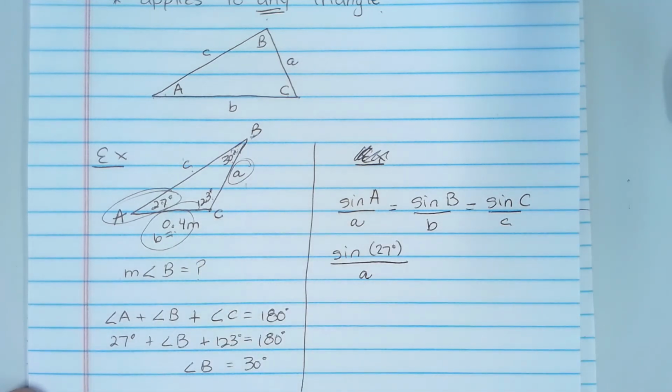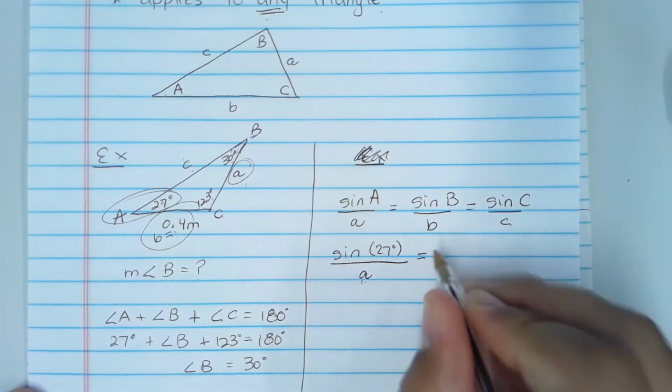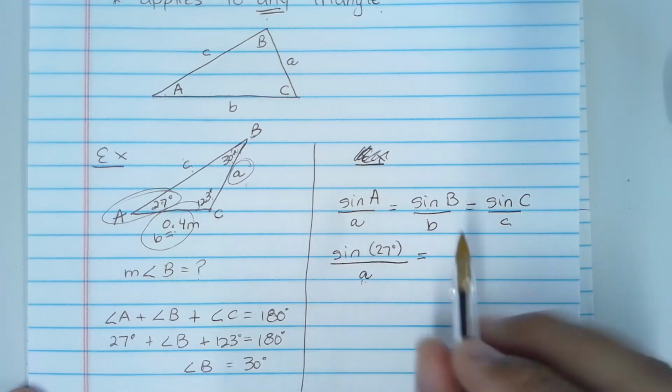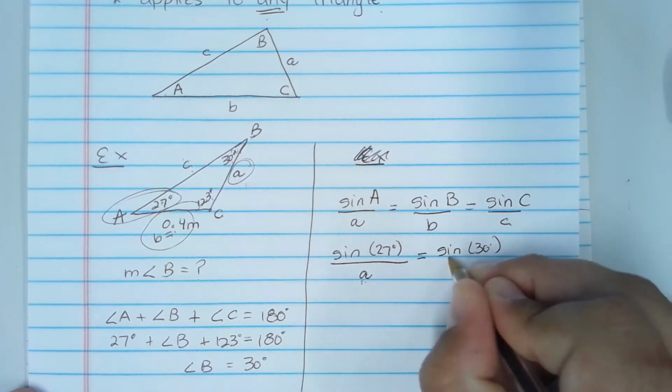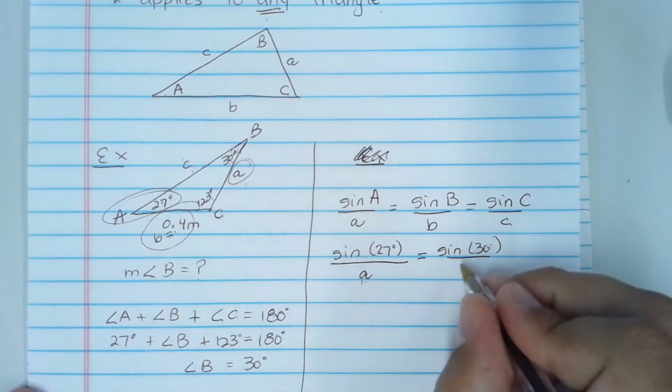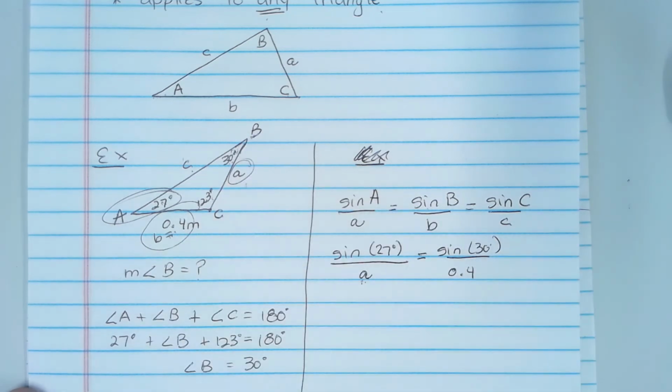We're going to find a first. We know sine of B is sine of 30 degrees over 0.4. Let's first figure out a.